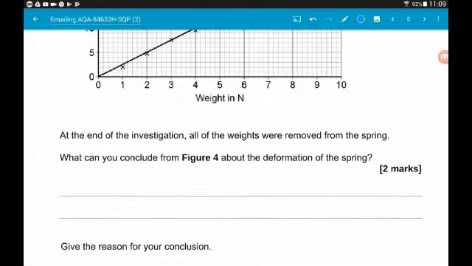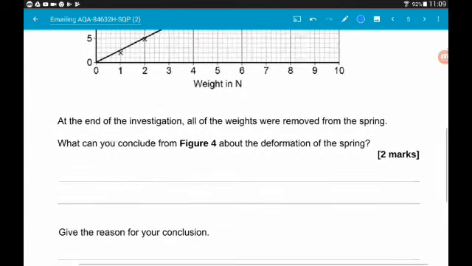So at the end of the investigation, all of the weights were removed from the spring. What can we conclude from figure 4 about the deformation of the spring? So we know in real life we can pull a spring and it will bounce back to exactly how it was unless we pull it too far.